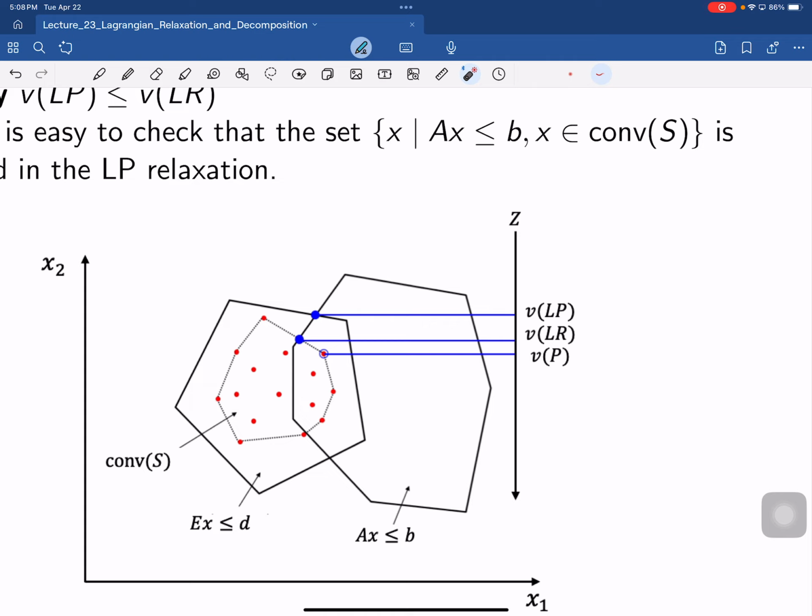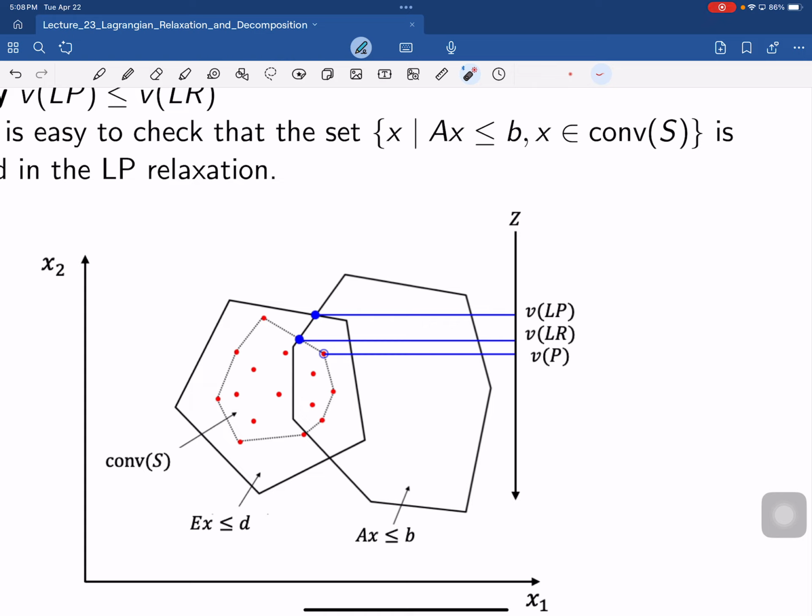The extreme points of the convex hull of S do satisfy the integrality constraints, but after you cut this convex hull by Ax less than or equal to b, the new extreme points you get may not satisfy the integrality constraints.